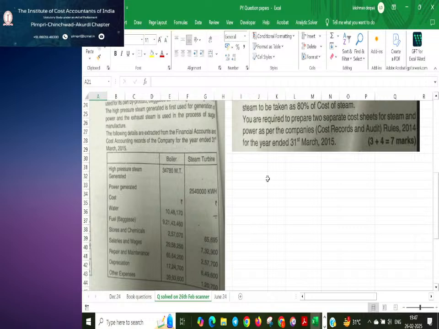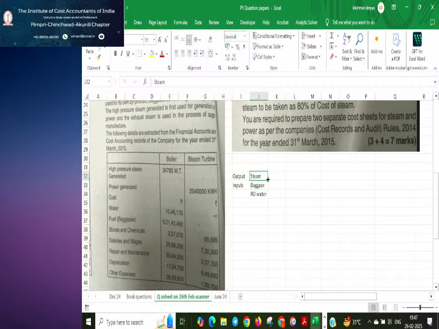So what happens is, if you look at steam production, what is your output? Output is steam, correct? So what are the inputs that will go? First material is bagasse, okay? Next one is RO water. These two, RO water will be burned using the fuel bagasse in the boiler. This will be converted into steam.